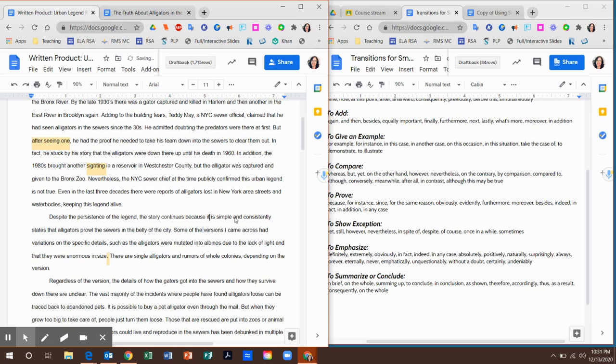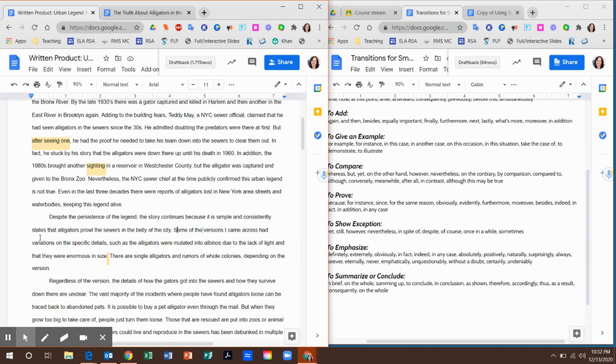See if that works. Okay, despite the persistence of the legend, because it stays alive over and over, right? So I'm using some transitional language here to connect it to the idea before it. Okay. Despite the persistence of the legend, the story continues because it is simple and consistently states that alligators prowl the sewers in the belly of the city. Yes, that feels better. I like that.